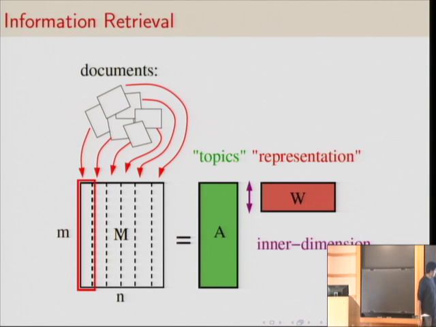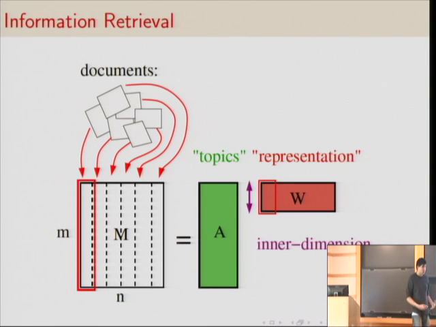Or to put this more formally, we have some column in M, which is a distribution on words. It's a document. And formally, this column can be expressed as the product of this column times this matrix. So what this means is we've expressed this document, which is a distribution on words, itself as a distribution on topics, which then when we take those topics as distributions on words, we exactly recover the original distribution.